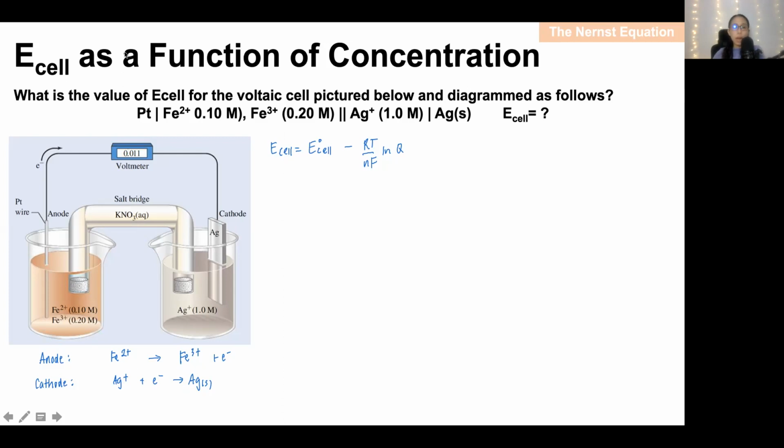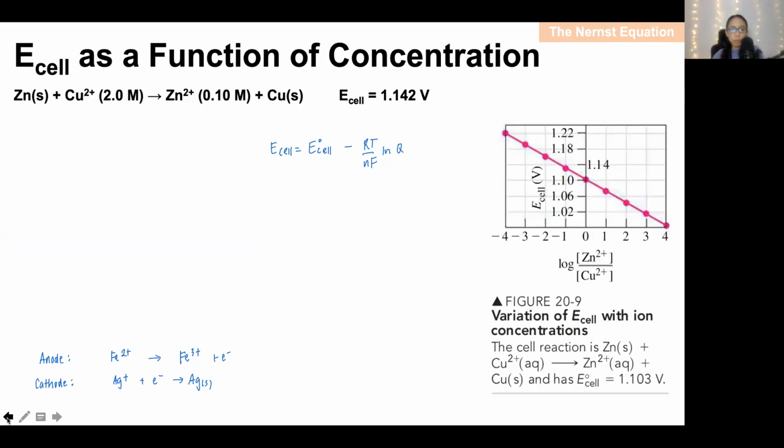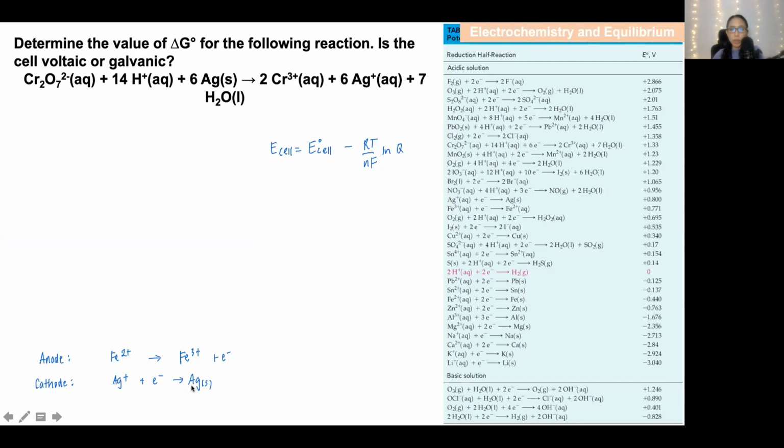Okay, so let me go back a few slides just to get the standard reduction potentials of these half reactions. So iron 3 to iron 2, that's the reverse of this reaction. Standard reduction potential is positive 0.771 volts.